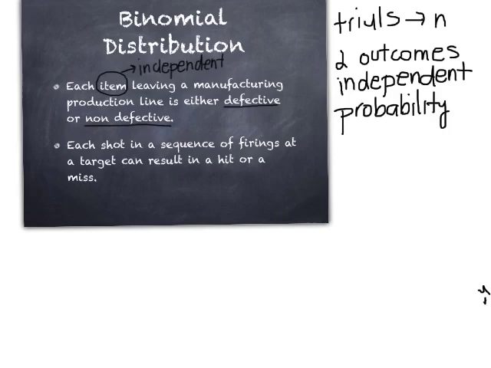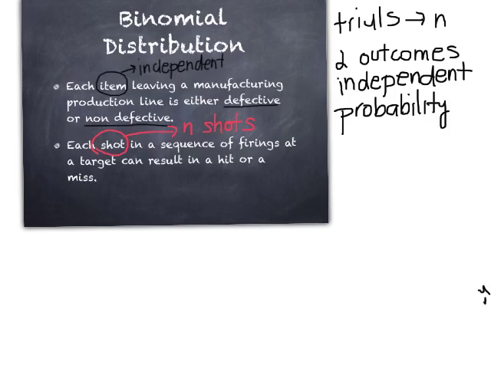So let's take a look at the second example. It says here that each shot in a sequence of firings at a target can result in a hit or a miss. So you have several trials here. You have n shots. It could be 10, it could be 20, it could be 3. So you have n shots.